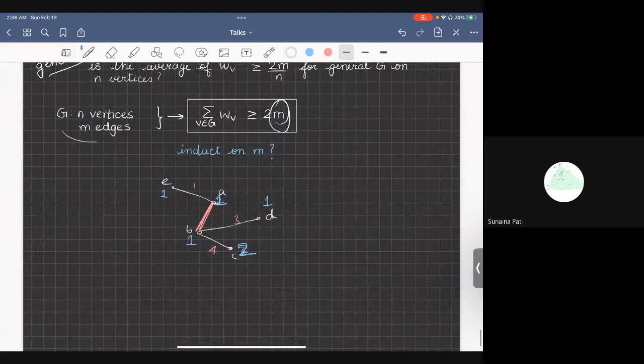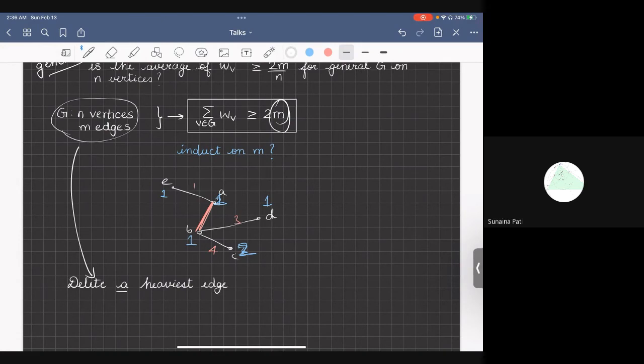We want to show the claim is true for m, assuming that the claim is true for m minus 1. We know the base case m equal to 0 is true, right? So delete a heaviest edge. I'm using "a" because there might be multiple.